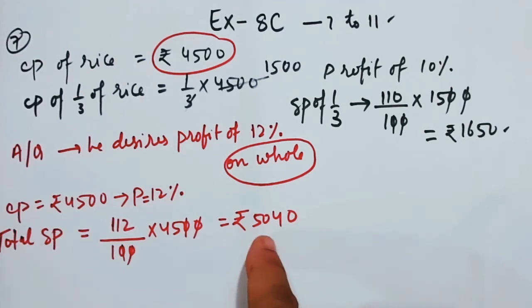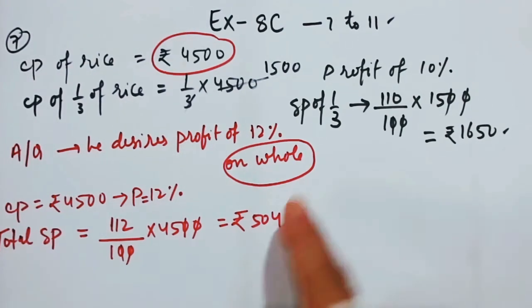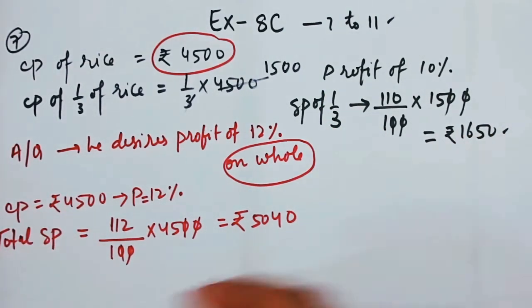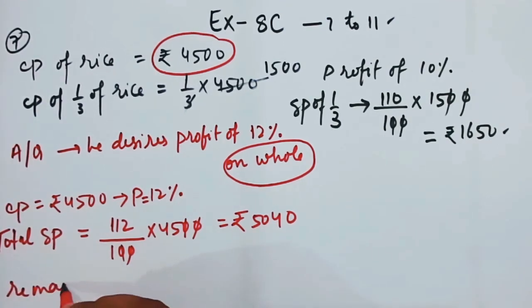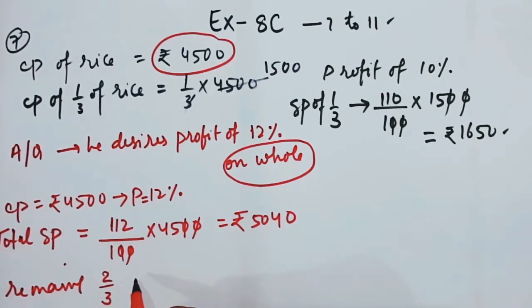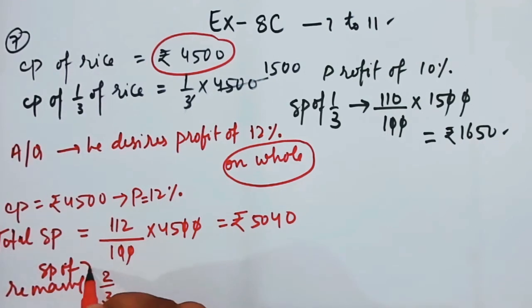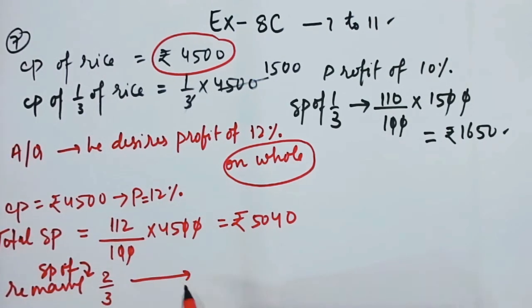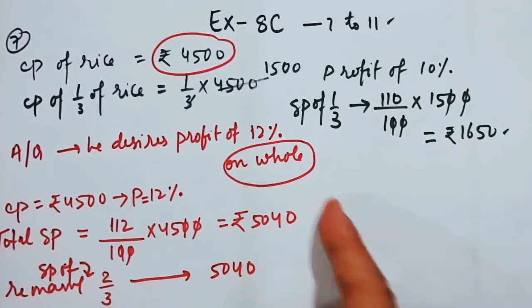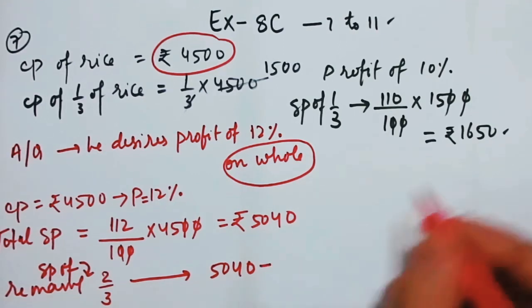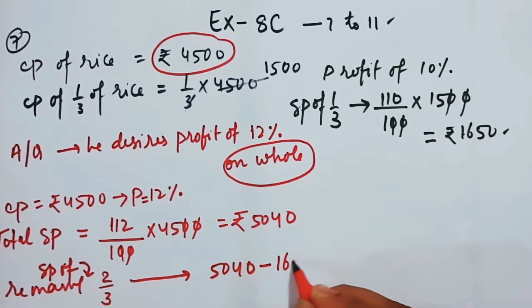Now when total selling price is 5040, how much had he sold? He had sold 1/3 at rupees 1650. So the selling price of the remaining 2/3 will be equal to 5040, which was the total selling price, minus 1650.